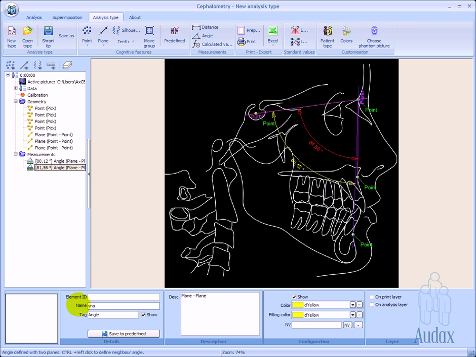This is the SNA angle. And this is the SNB angle.